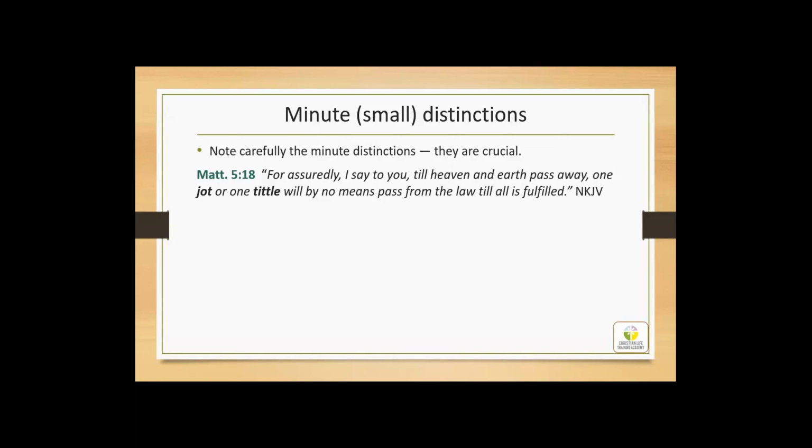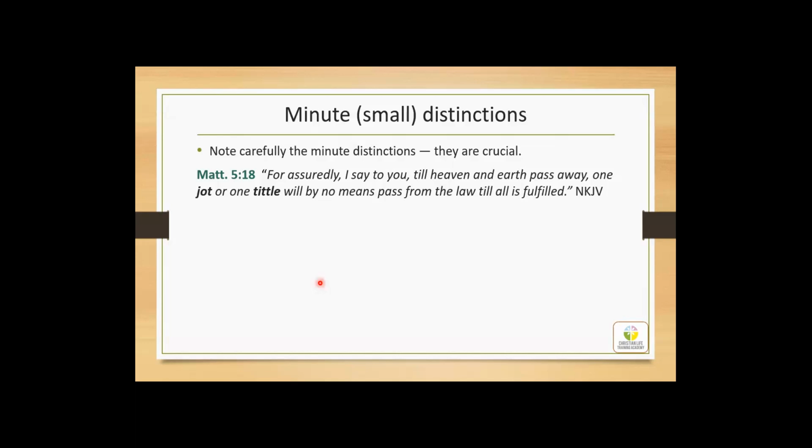One little jot, that little yud, or one little tittle, the stripe of the B and the Z and all those, not one of those will change until, okay, the small marks or strokes designated as a tittle.